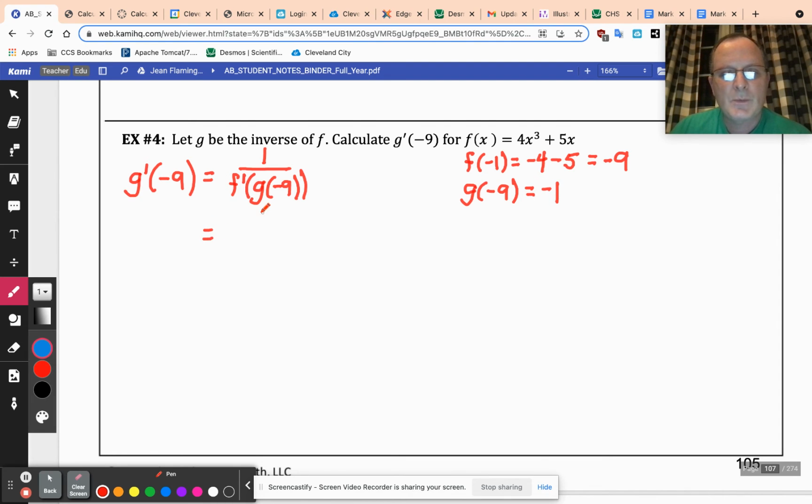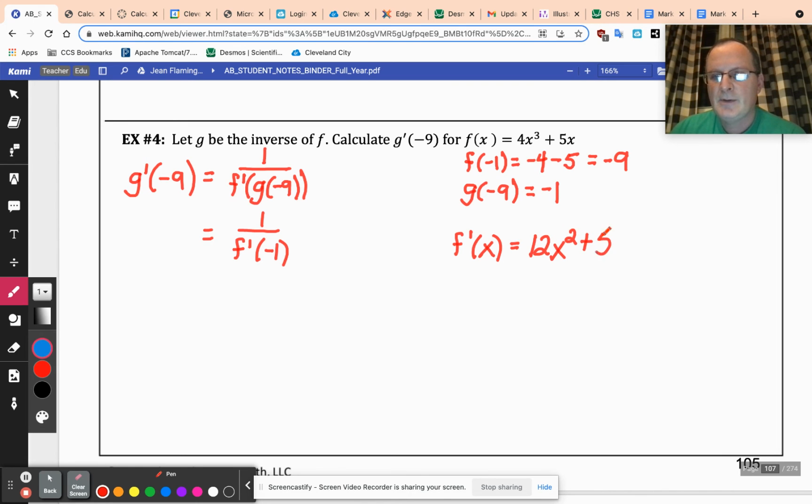So that gives us 1 over F prime of G of -9, which we just found to be -1. And now F prime of -1 we can do because we were given F. So F prime itself is going to equal 12x squared plus 5.